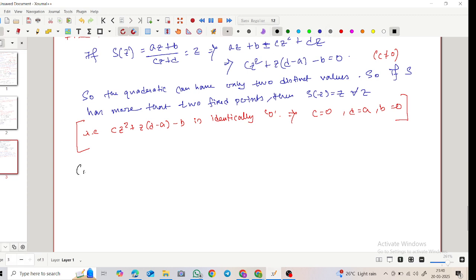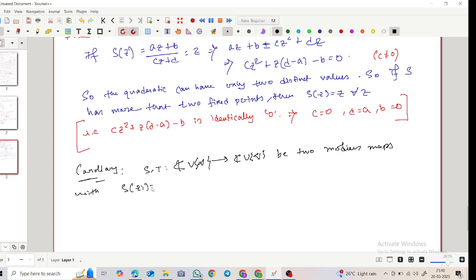So the corollary is: let S and T from C union infinity be two Mobius transformations with S(zi) equals T(zi) for i equals 1, 2, 3 and zi not equal to infinity.